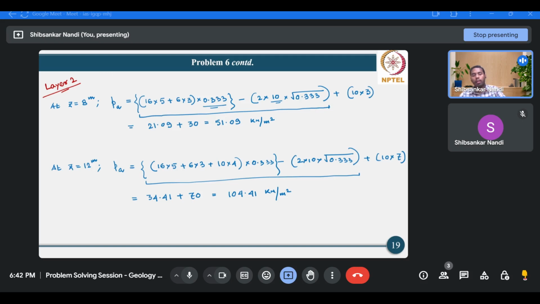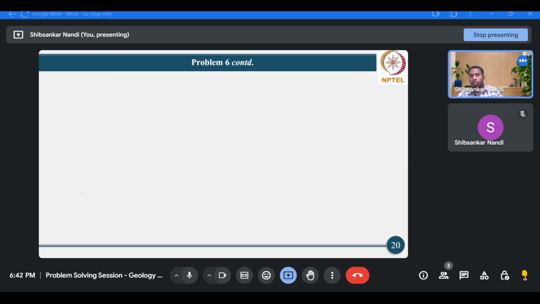Okay, now we'll try to draw the distribution. So we'll start from the top of the wall. So at the top, there is a minus pressure, and this value is 19.12. Okay, I'm not writing the unit here. All the pressures are in kPa only.